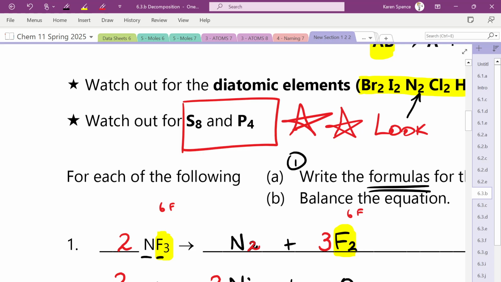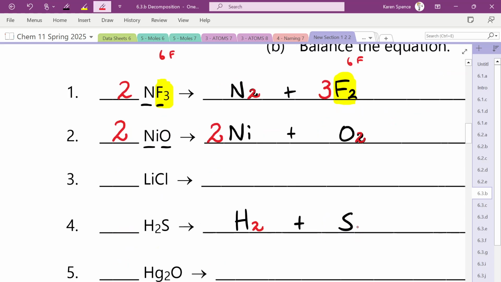Yes? So when I have a sulfur, it's not just S, it is S8, which means that when we balance this, it is going to be 8 sulfur, which means now I need 8 H2s. The balancing part is going to be easy, okay?